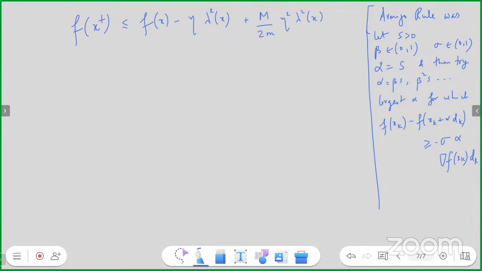Okay, so suppose here I pick eta equal to little m over capital M. Can I satisfy this condition? That is the first question. See, this is x and this is x plus. That's the change I'm making. So if I choose the step size equal to little m by capital M, is this inequality satisfied?